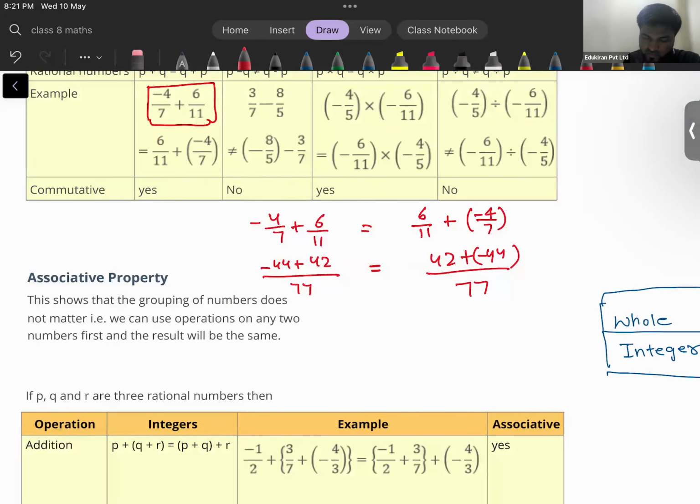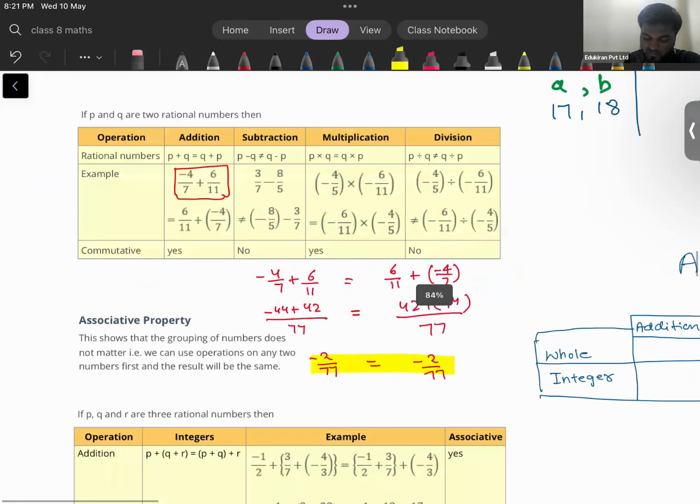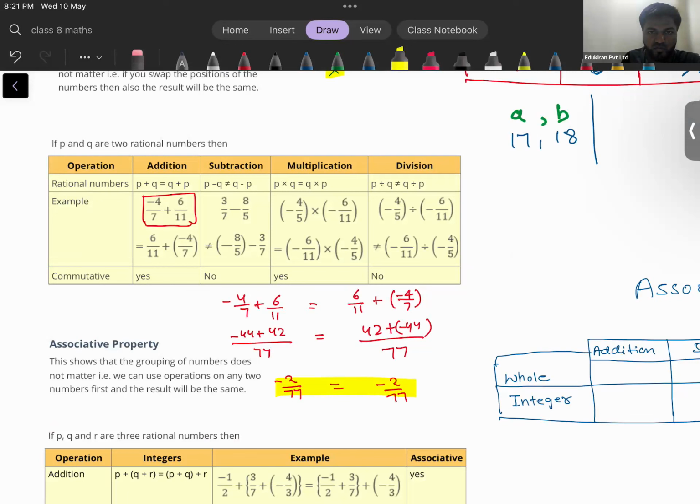What is the value on both the sides? This one is -2 upon 77, and this one is also -2 upon 77. So what do we conclude from this? That for addition over rational numbers, we follow the commutative property, right, Ifra?